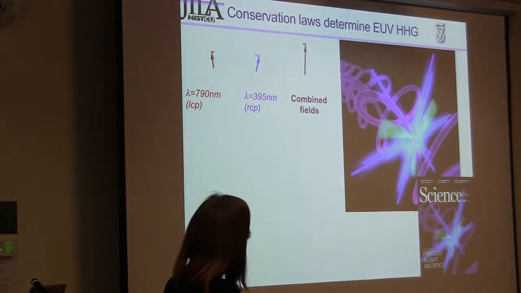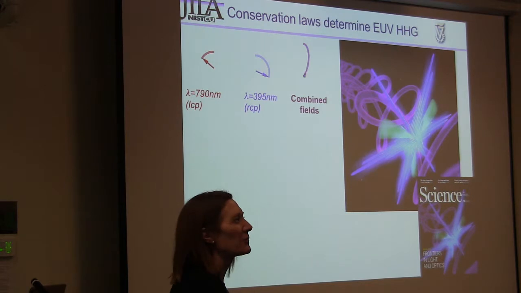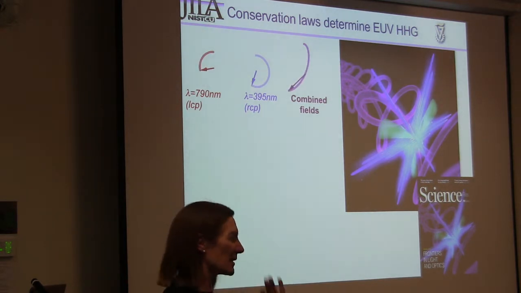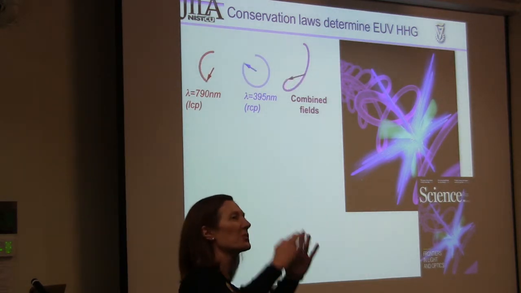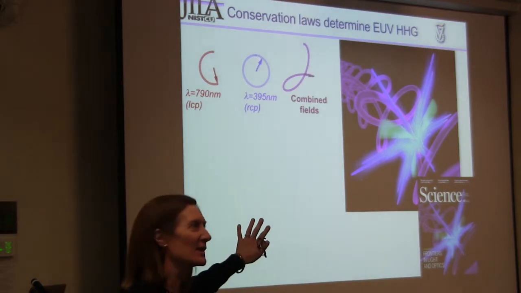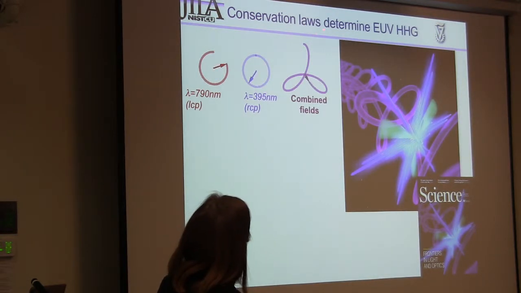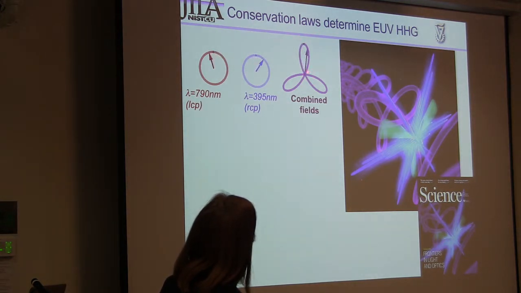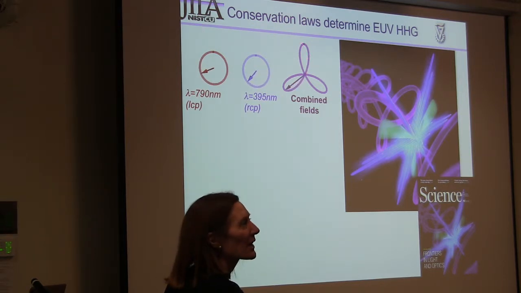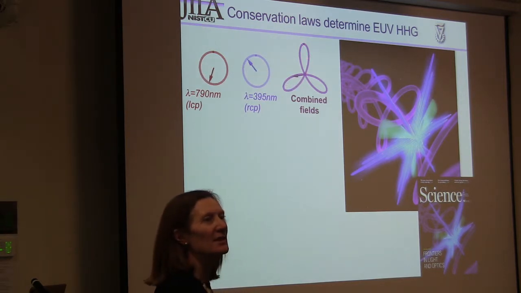And if you do the right ratio, you'll actually get this clover leaf that's not special. In fact, clover leaf is not the one you want, but it's still a threefold symmetric thing that has 3 lobes like this. And where would the electron ionize in this field? Would it ionize here, or here, or here? Where would the electron tend to ionize?